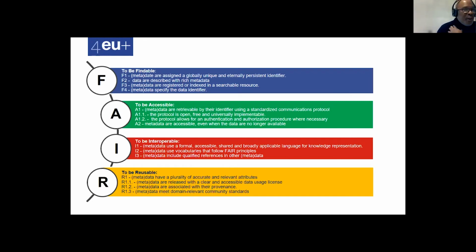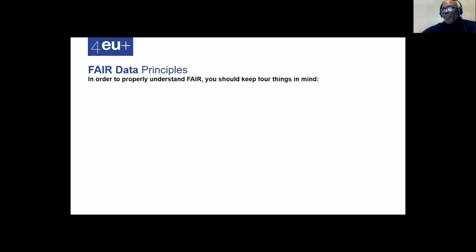Again, this is a very top level, high level, 30,000 feet description of the FAIR data principles as it relates to creating data or creating principles around your data and data sets. It'll be described more at the later workshops that will be held.